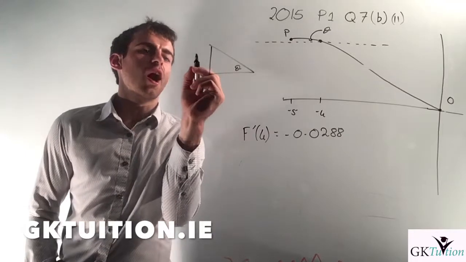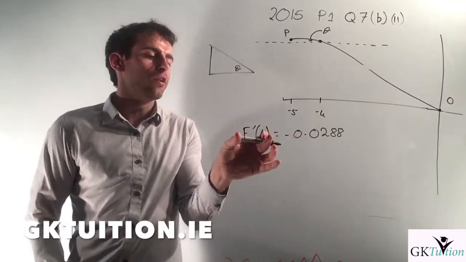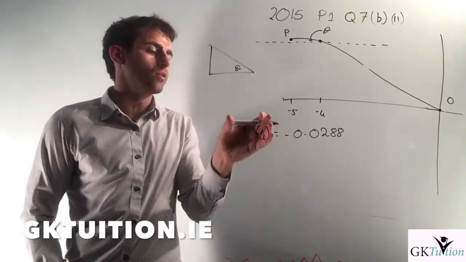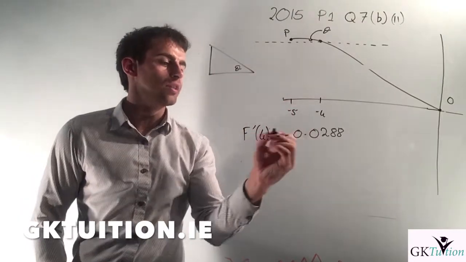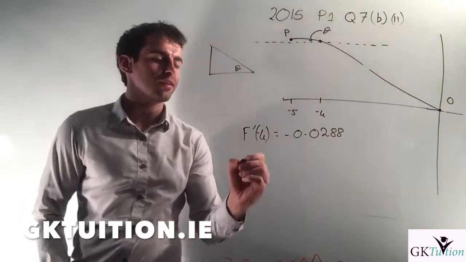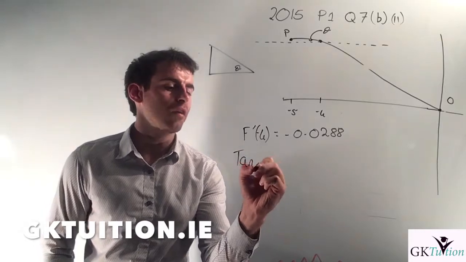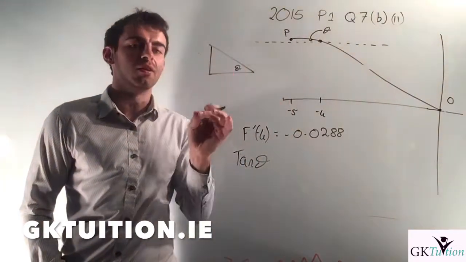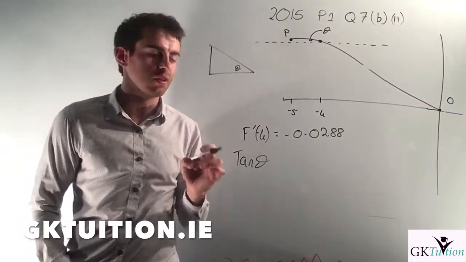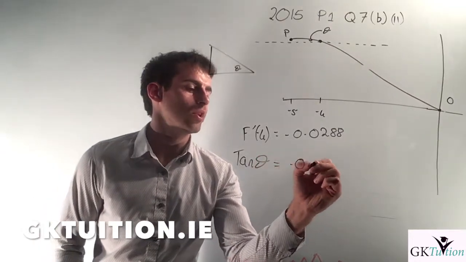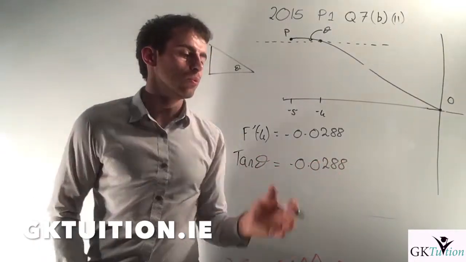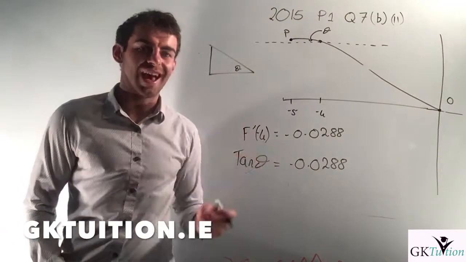If I know the derivative when x is minus 4 is minus 0.0288, then I know that the tan of the angle the function makes with the horizontal line is minus 0.0288. So when you get your first derivative, you're also getting the tan of the angle.